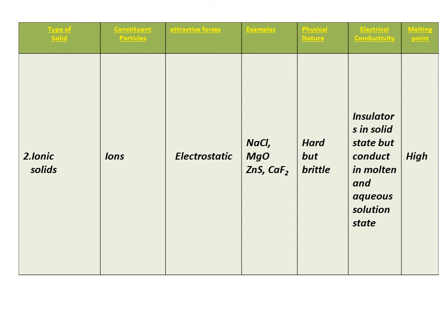But it conducts in molten and aqueous state. In the molten or aqueous state, the bond is broken. There are mobile ions available, which are the electrical charge carriers, so therefore it conducts in the molten or aqueous solution state. Melting point is high.